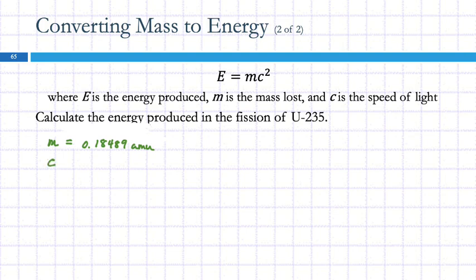The speed of light is known more precisely than this, but this is close enough. 3.00 times 10 to the 8th meters per second. So if we use these units, we're going to end up with a mess, because we're going to have atomic mass units meters squared per second squared, which is not a unit of energy.